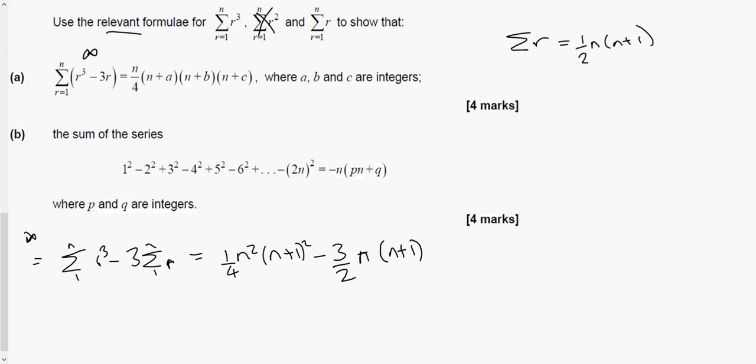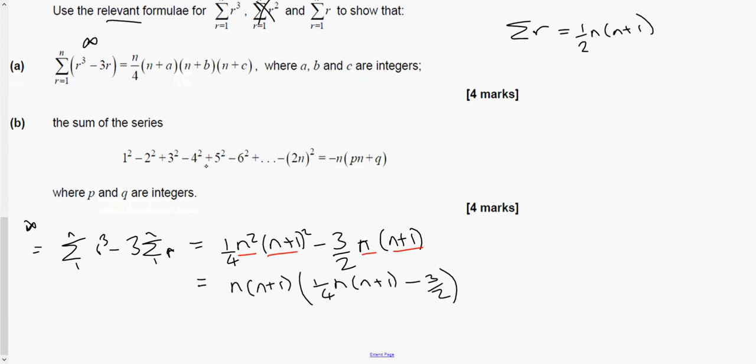Again, let's have a look. So is there any factorise I can do straight away? Yeah, look, n and n plus 1. Okay, so we're going to take that out straight away. If you have a look at the answer, we want an n over 4 at the front, so we want to take out a factor of a quarter.